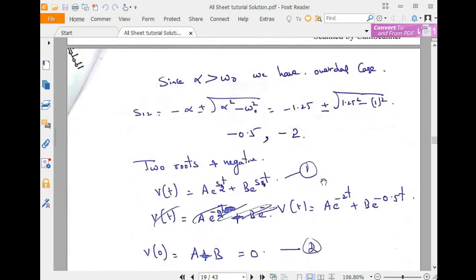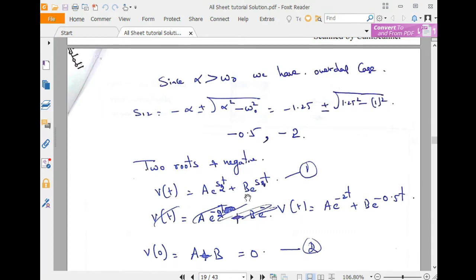Now the two roots are negative and real. Real means 1, 2, 3, 4. So there are two roots and both are negative, then we have a circuit which is overdamped.